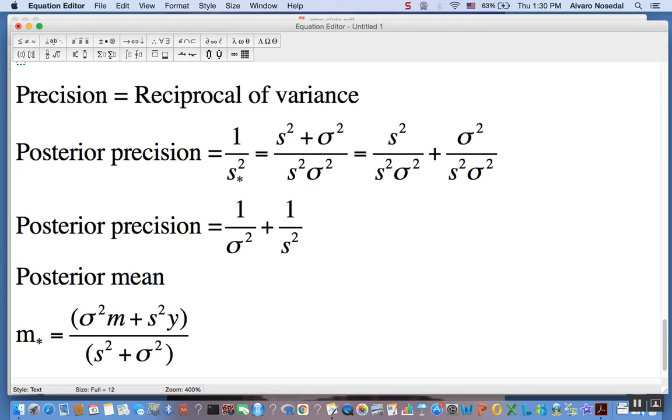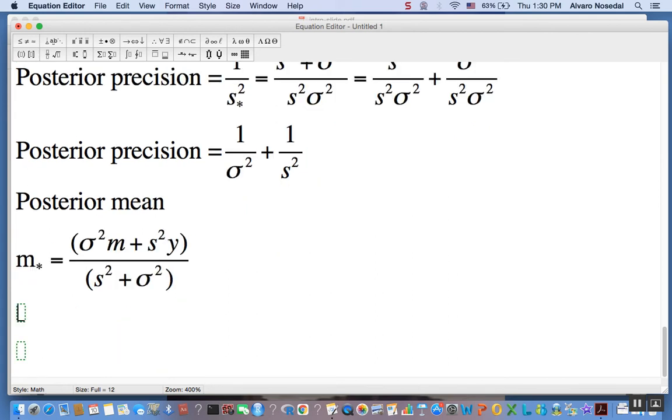Posterior mean. So we have that. Okay, now let's try and rewrite that expression here. Note that this guy is a common denominator.